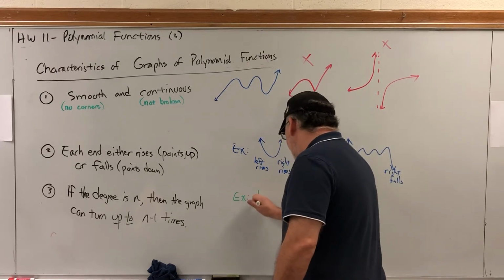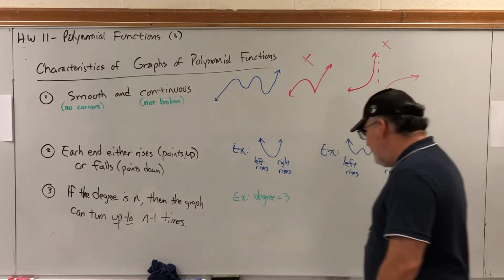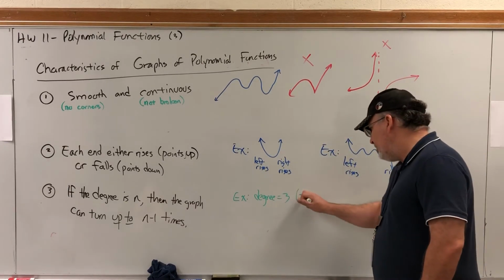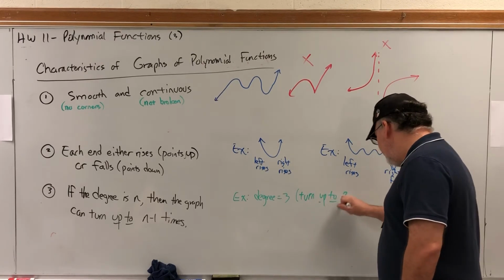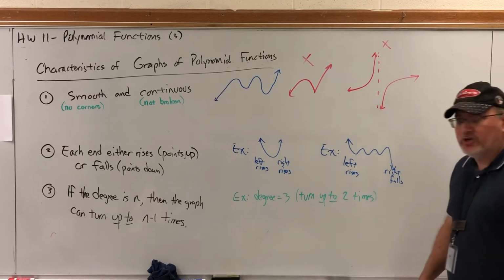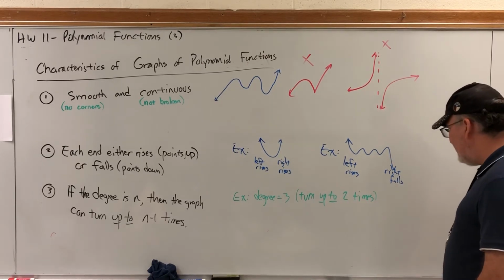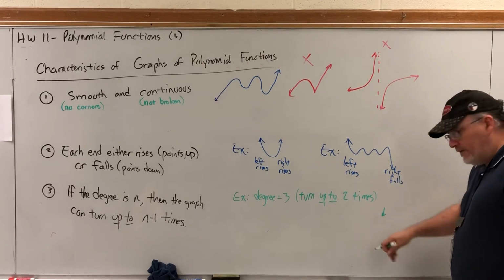For example, let's say that your degree is 3. This means that the graph can turn up to 2 times. There's no guarantee it would turn 2 times, but it can't turn more than that. An example of a graph that turns twice, let's start with the left end falling.